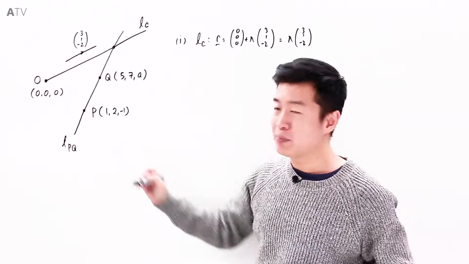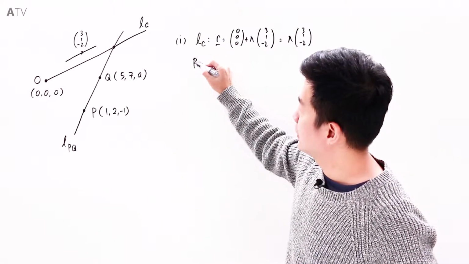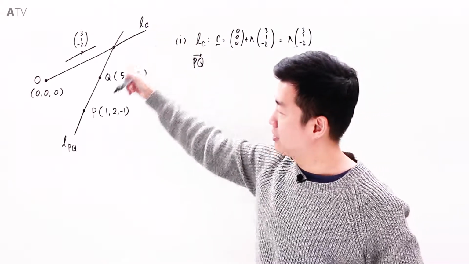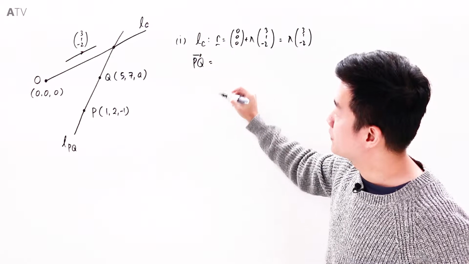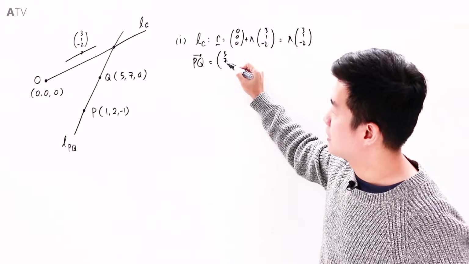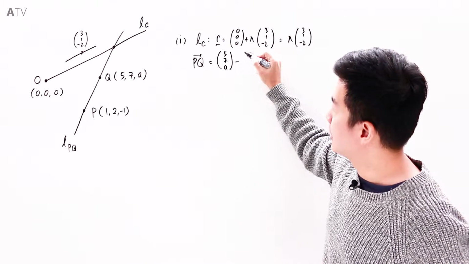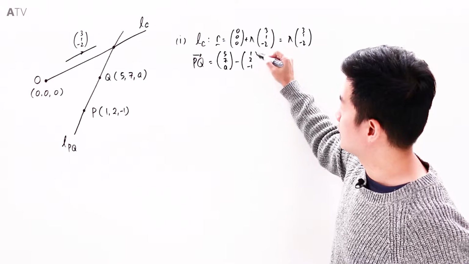As for line PQ, since it passes through P and Q, let's find a direction that is parallel to this line by finding first the vector PQ. PQ will be OQ minus OP. OQ will be 5, 7, A minus OP, which will be 1, 2, minus 1.